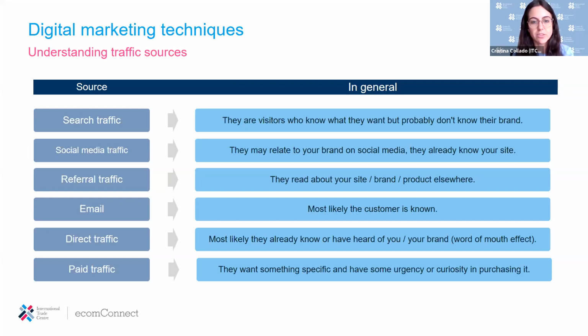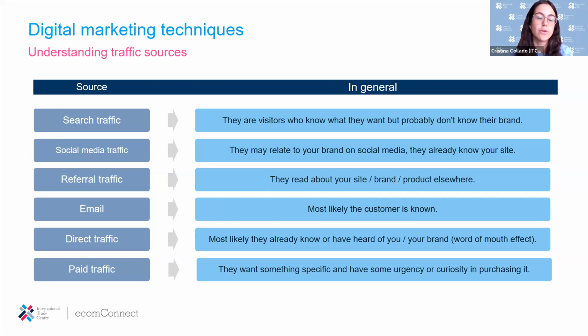Then we have direct traffic. This is when a visitor arrives directly onto your website without having clicked on a link. This means that the visitor already knows about your URL and they type it on the browser and go directly to it.